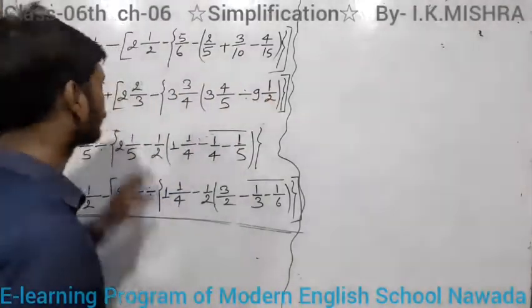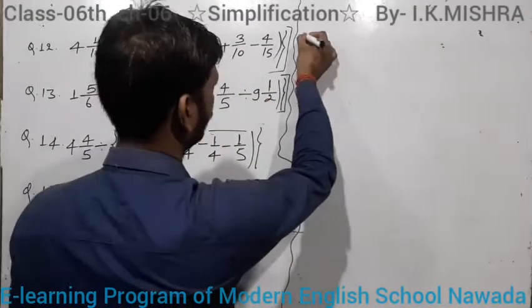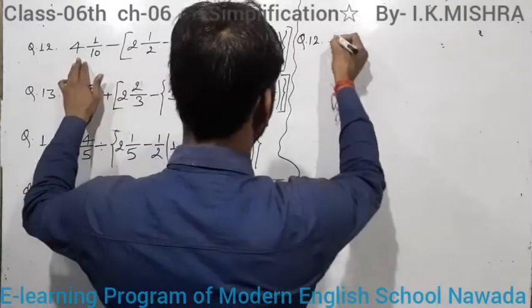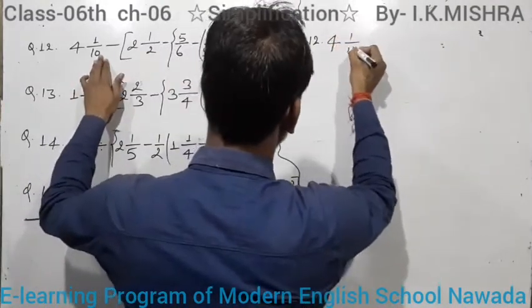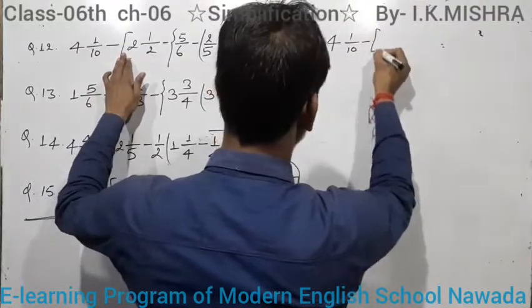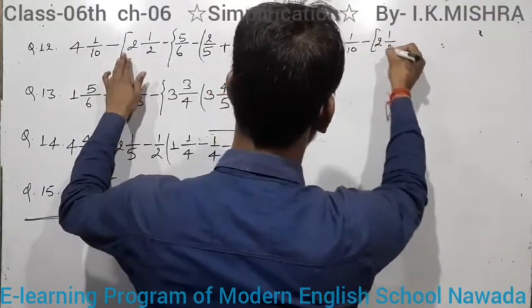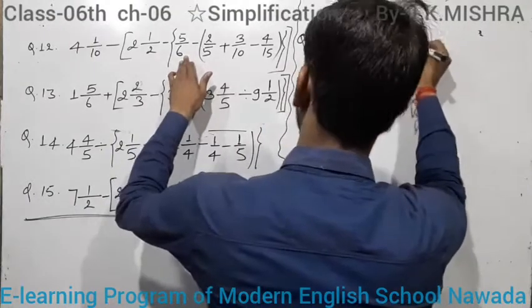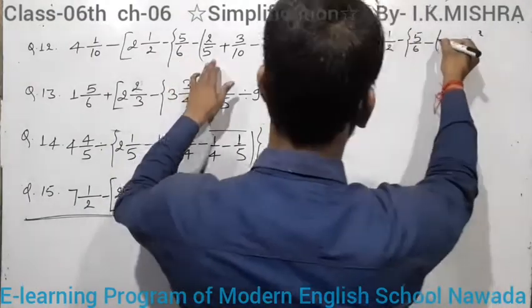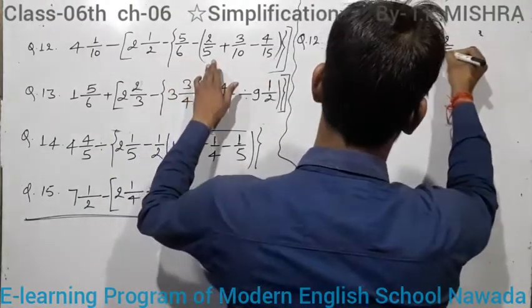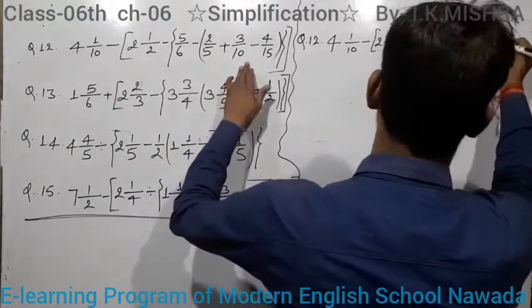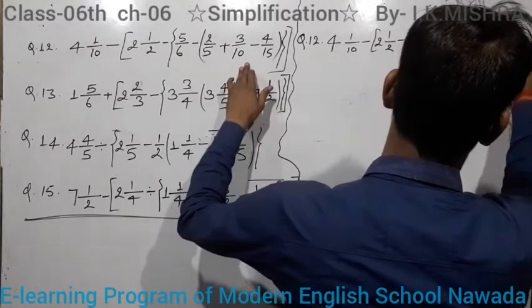Here, question number 12: 4 whole 1 by 10 minus {2 whole 1 by 2 minus [5 whole 5 by 6 minus (2 by 5 plus 3 by 10 minus 4 by 15)]}.